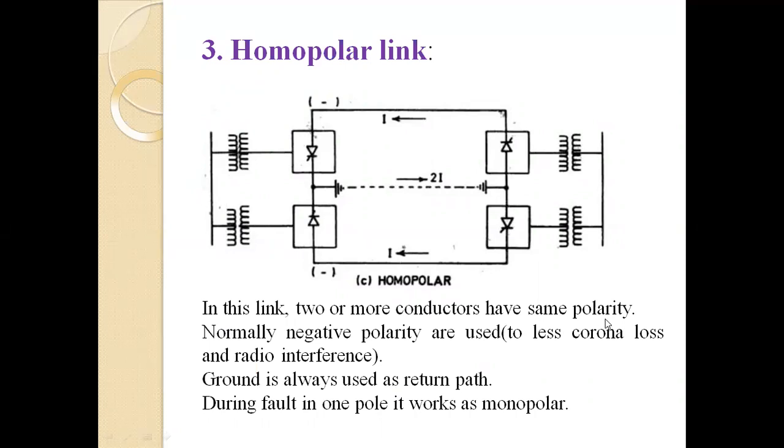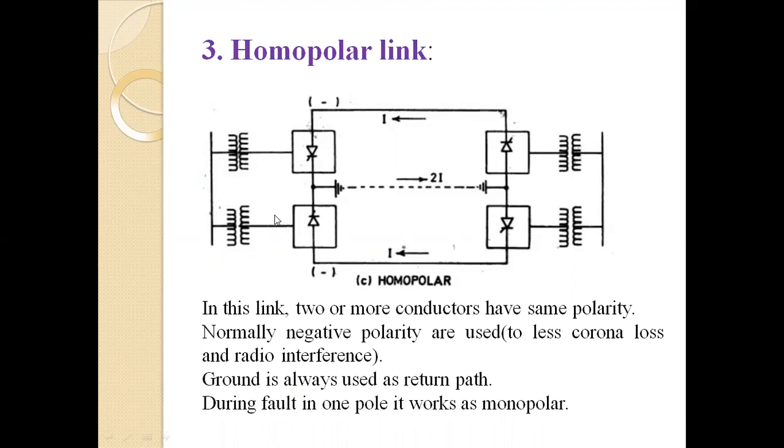In this link, two or more conductors have the same polarity. Normally, negative polarity is used for less corona loss and radio interference. By using negative polarity, we reduce corona loss and also the radio interference.